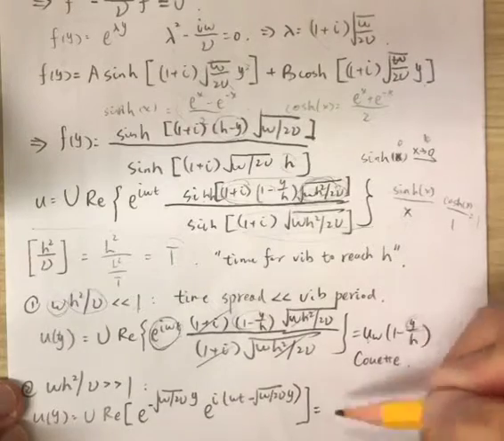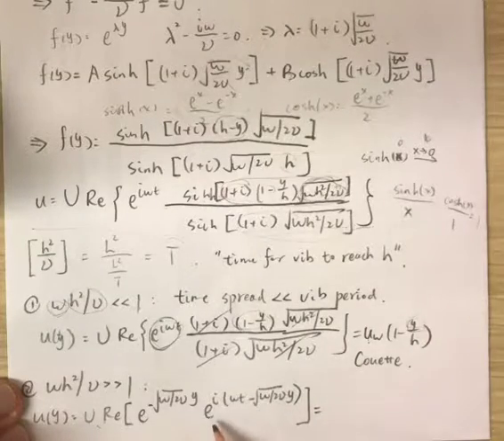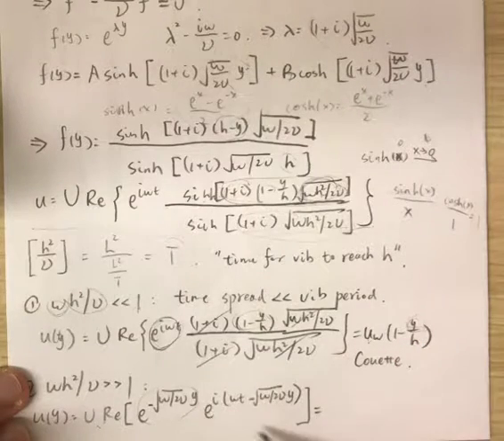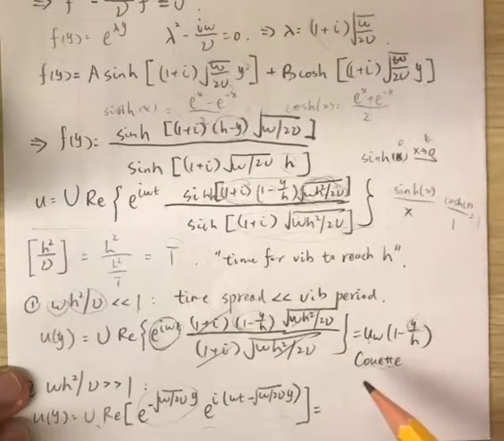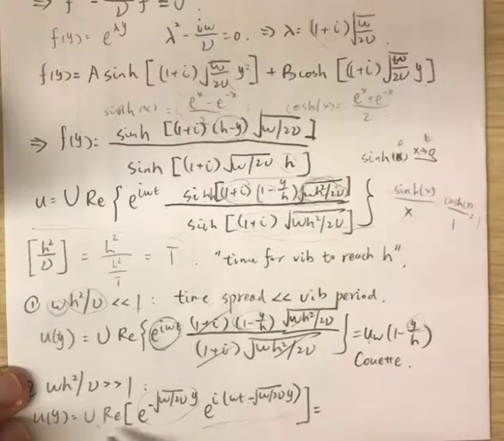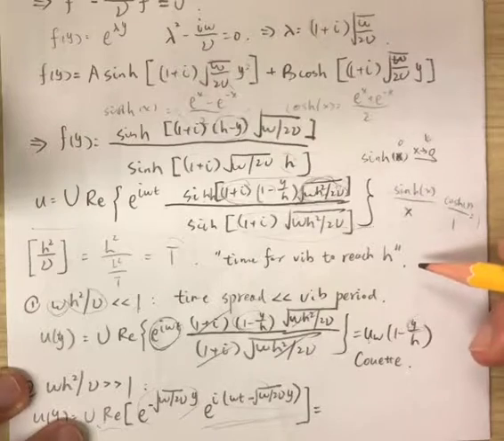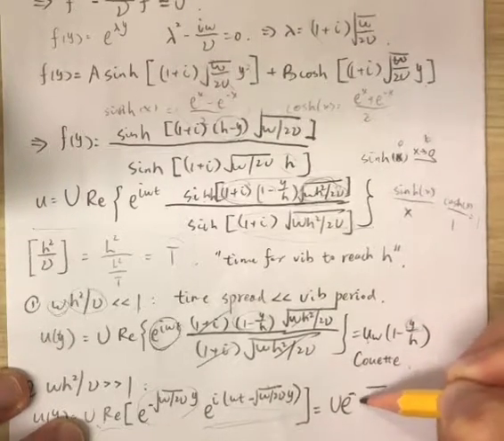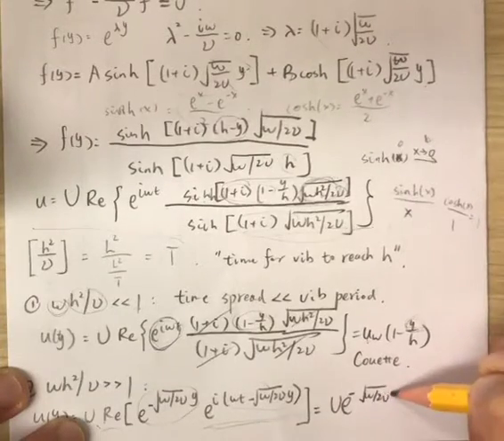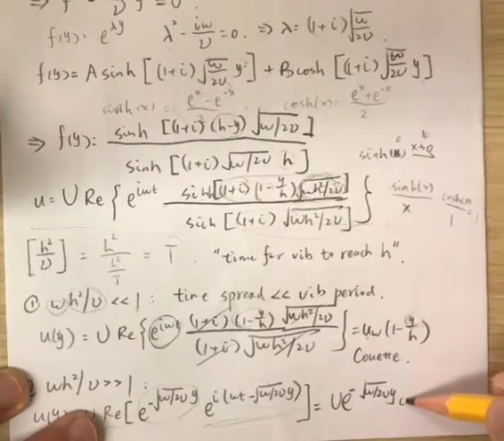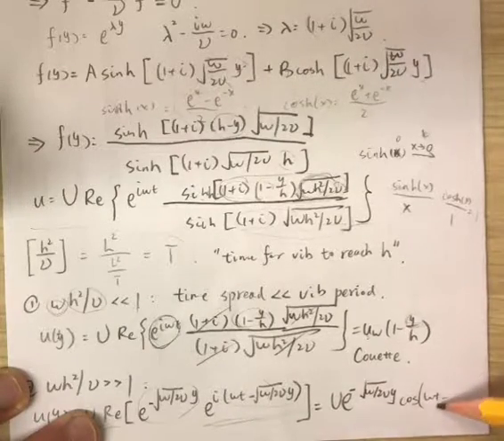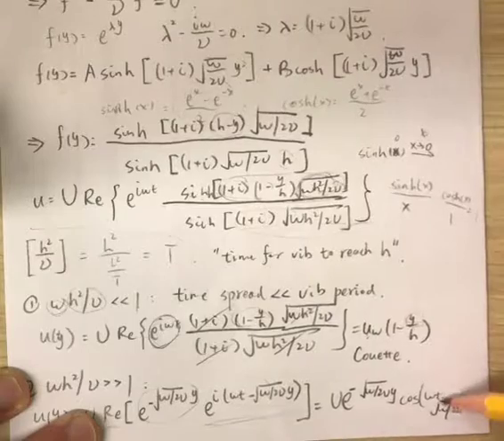So if we take the real part of this thing, this thing is a real number, and the real part of the other is cosine of this thing. So what we end up with is U times e to the minus this, times cosine of omega t minus omega over 2 nu y.